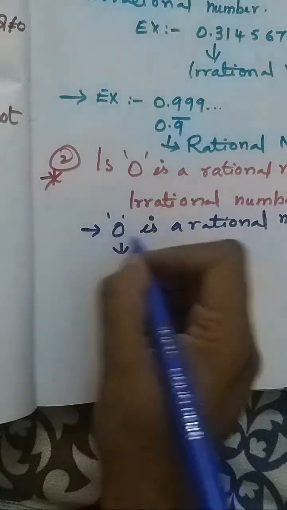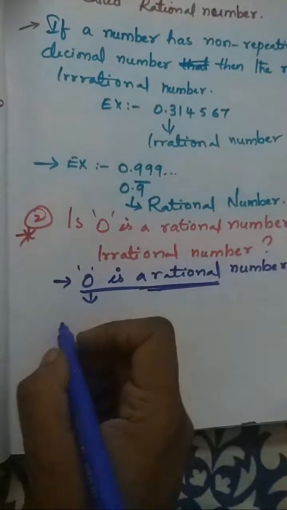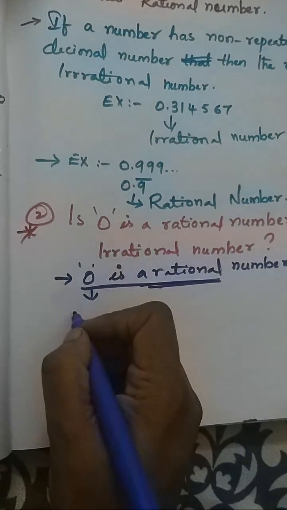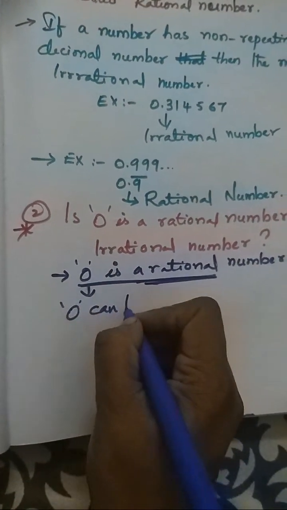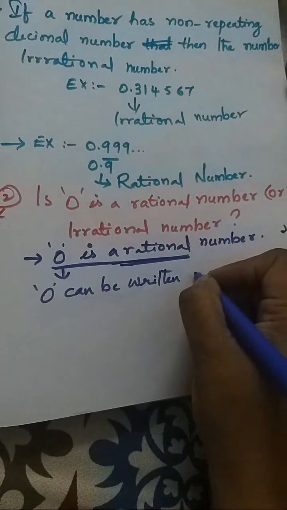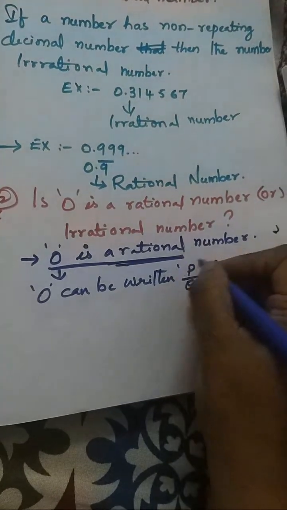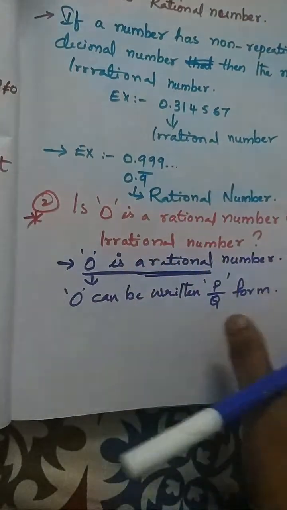When you write 0 is a rational number, 0 can be written in the form of p by q form. So this is said to be a rational number.